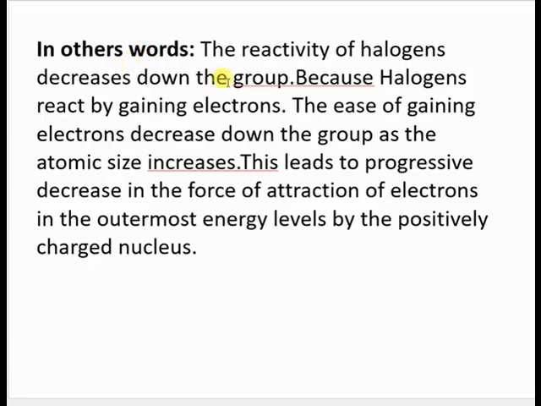In other words, we can say that the reactivity of halogens decreases down the group because halogens react by gaining electrons. The ease of gaining an electron decreases down the group as the atomic size increases.